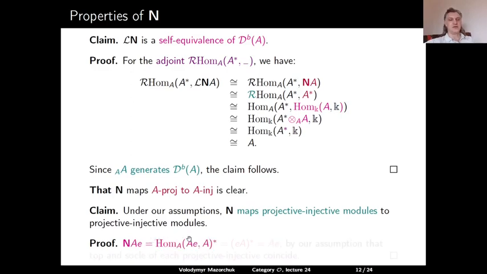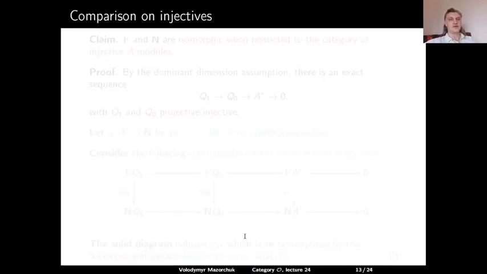By definition, using the alternative description of the Nakayama functor, this is Hom over A from AE to A dual, which is just the dual of EA. And this is AE because we have assumed that the top and the socle of each projective injective module are isomorphic. So we proceed with our proof of the characterization of Serre functors.